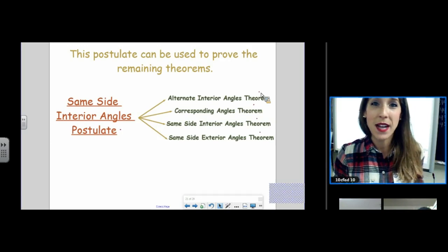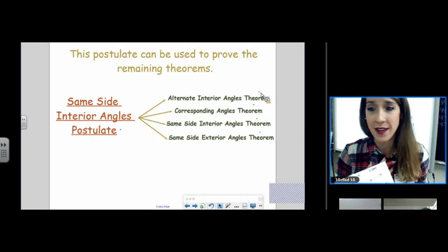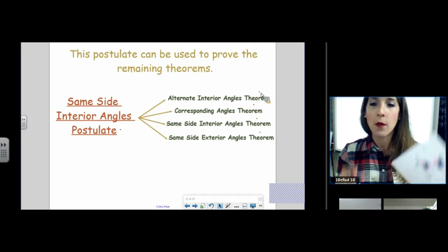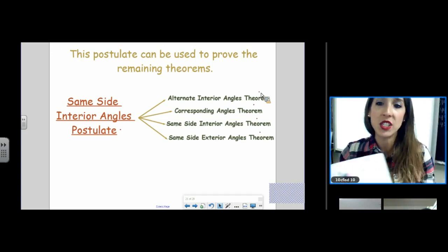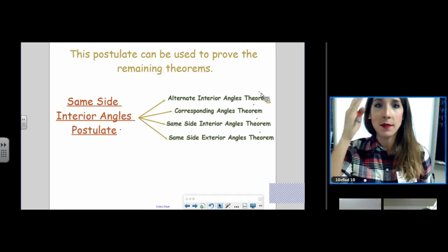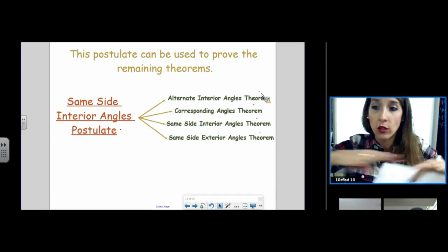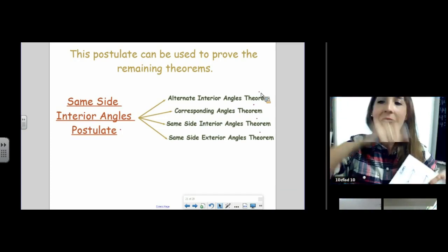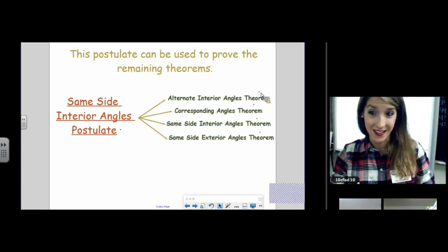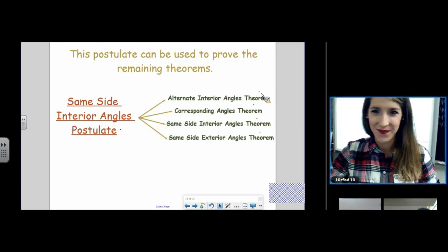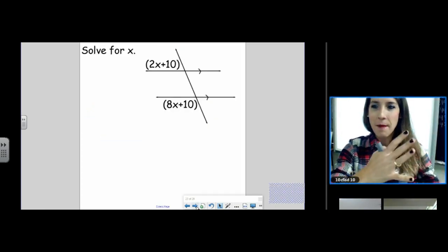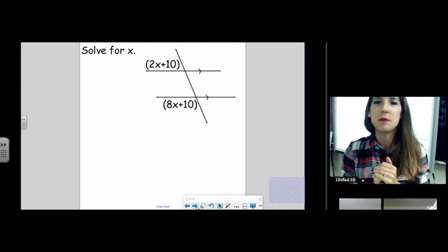If you call it the same side interior angle theorem, I don't mind at all. You can call them all theorems. But I wanted you to understand how mathematicians prove things. Sometimes they have to assume something is true or agree that something is true and use it to prove other things.